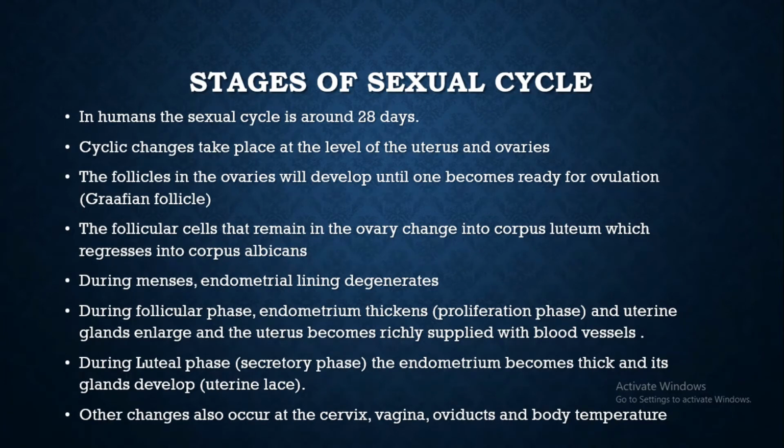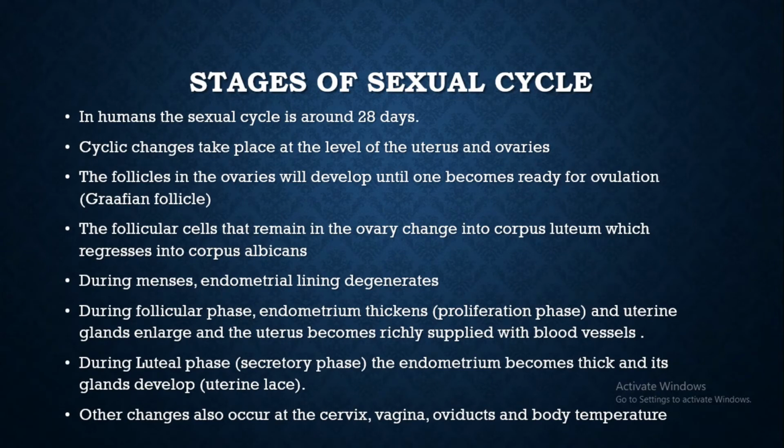Now after ovulation, so in the post-ovulatory phase, the uterine cycle will be in its secretory phase. It's given the name secretory phase because the endometrium becomes thick enough in case fertilization has taken place. The endometrium is now very well thick in order for implantation to take place.